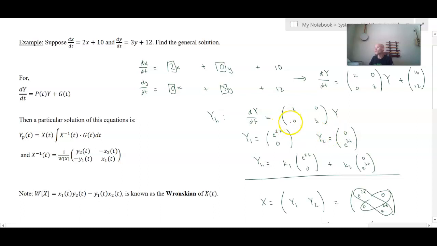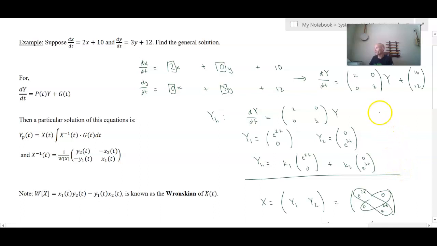We could have found the eigenvalues and the eigenvectors and constructed the solution based on what we know there. It just turned out that this was already decoupled, so I did that without technology, but you could certainly find eigenvalues and eigenvectors and do it that way.